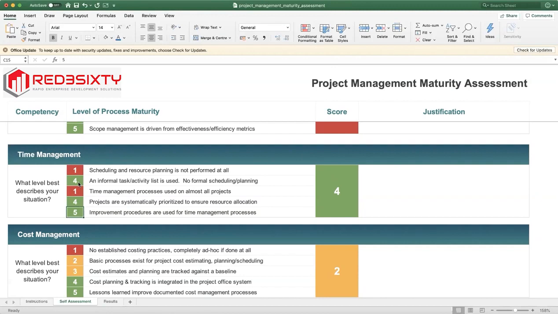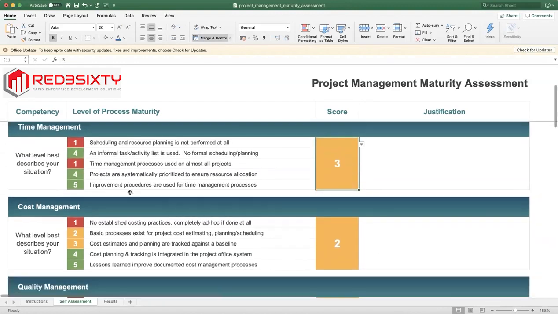Improved procedures are used for time management processes. So are we improving the processes? So again, if we look at the scores, we will look at the average of that score as 3 and then update that as 3 for the overall for time management.